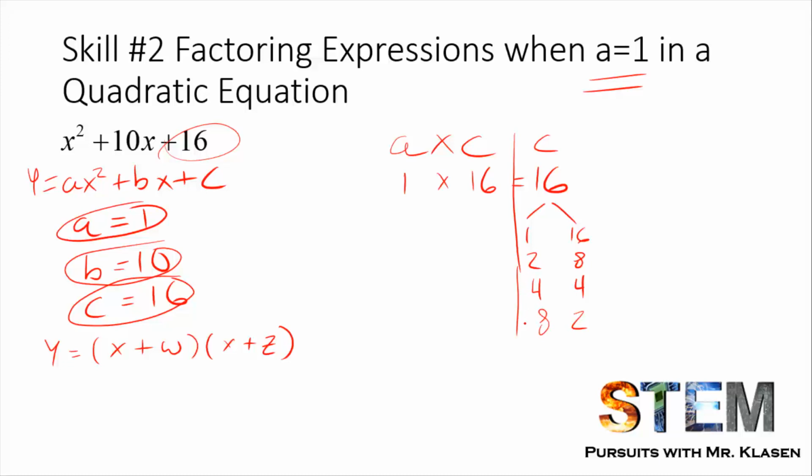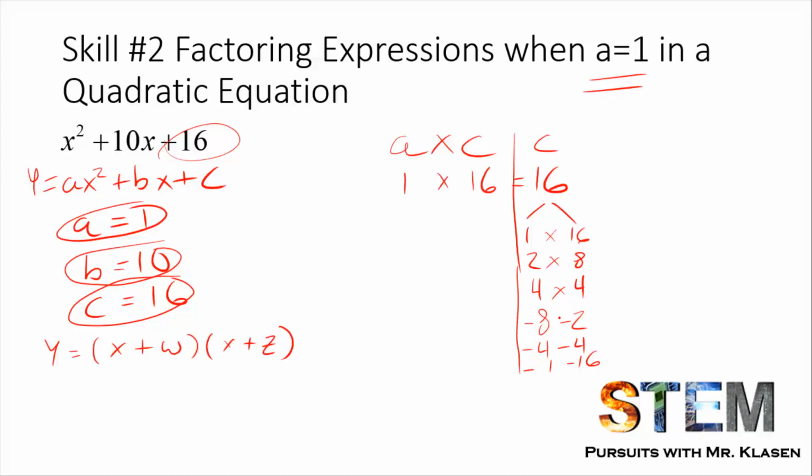But we could also multiply by -8, -2, -4, -4, -1, -16. And this would encompass all of the possibilities, at least using whole integers, for factors of 16.